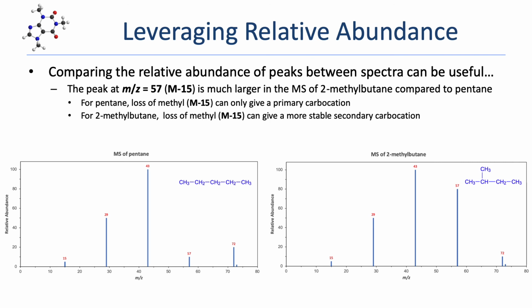So given these two spectra, if you know that you have these two isomers, you could actually determine which compound belonged to which spectrum, simply by understanding the fragmentation patterns of alkanes and applying the knowledge of these relative stabilities of carbocations. Because 2-methylbutane can form a secondary carbocation by loss of a methyl radical, it's going to give a taller peak at 57, at M minus 15, than would pentane.